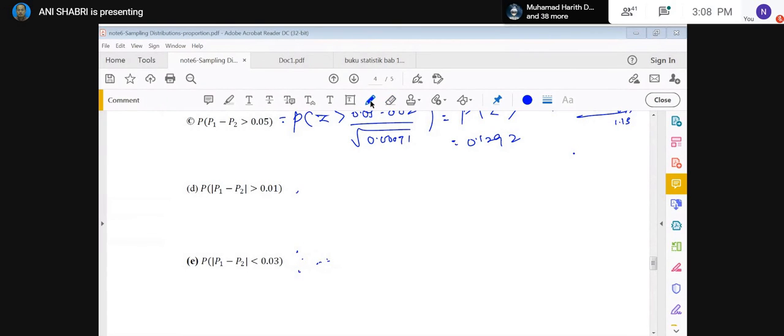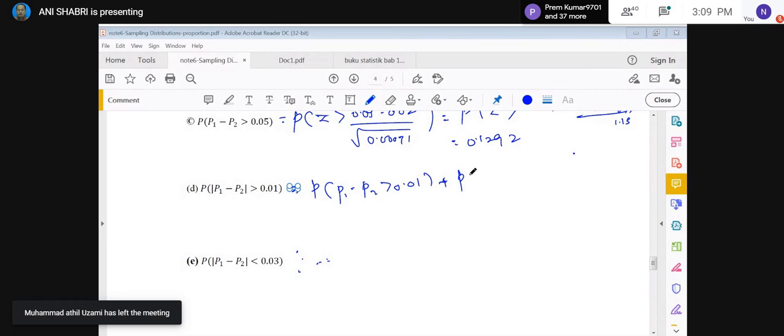Awak mana buat Eng? Okay, Eng buat atas, Eng buat C D. Okay, it is equal of P, P1 minus P2 greater than 0.01 plus P. Kita tengok kalau greater kita kena pecah pada dua. We must split by 2 minus negative 0.01.